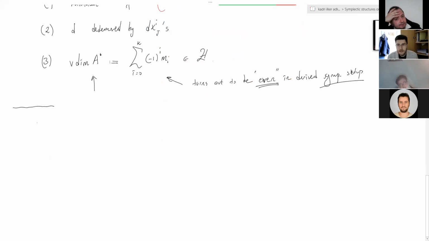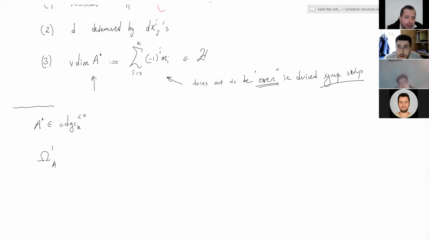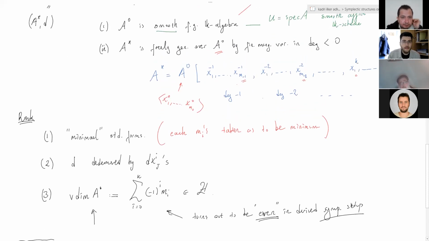And by using this A dot, let us start with some CDGA. Okay, now we can discuss. What is m_i? m_i is the number of generators in each degree i.